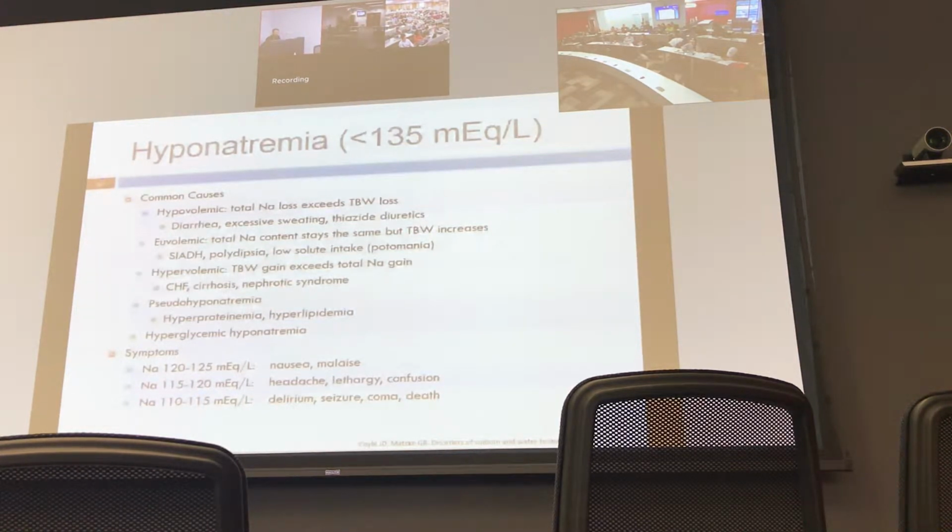Hyperglycemic hyponatremia is sometimes put in there with pseudo-hyponatremia, but it's not the same exactly. So it doesn't affect the way the lab works. It affects how much sodium is in your blood versus how much is in your body. So because of a difference in osmolality, the glucose contributes more than it normally does to the osmolar gradient in your blood.